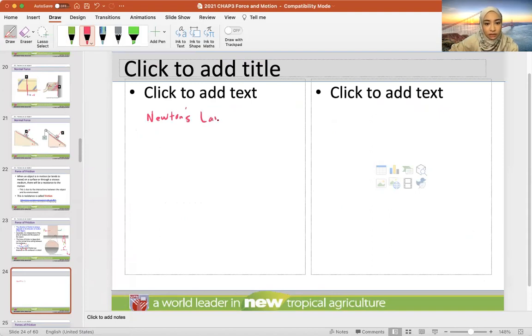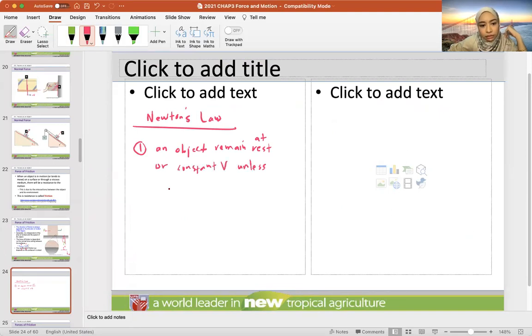What does it say? An object will remain at rest or move with a constant velocity unless acted upon by a force. Yes, remain at rest or constant V unless acted on by a force.